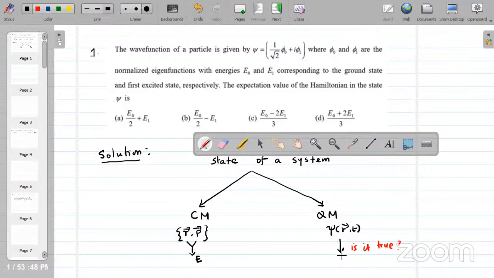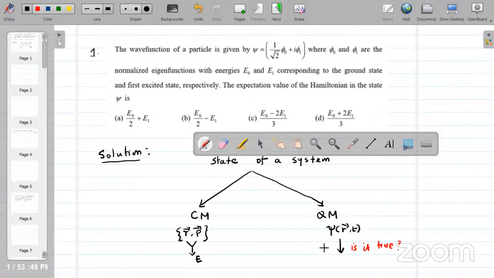Sir, for stationary states it is possible, for bound states. Yes, that's a very important point. Suppose psi is an eigenstate of the Hamiltonian, then it has a unique value.